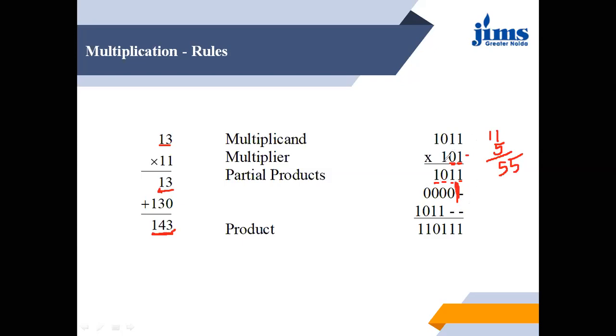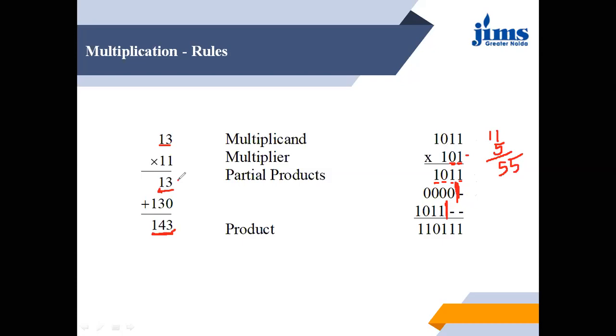Now again 1 is going to multiply, we shift 1 bit to the left, and when we multiply by 1 we get the same number, that is 1011.